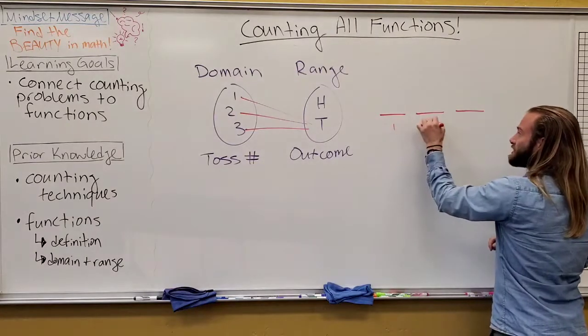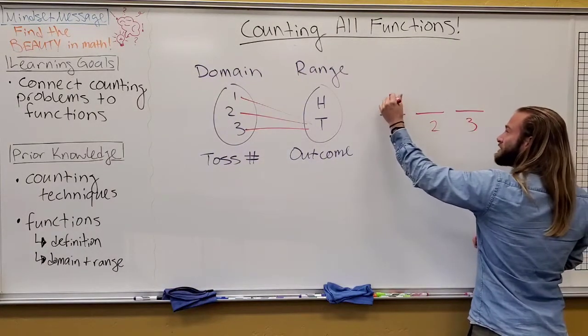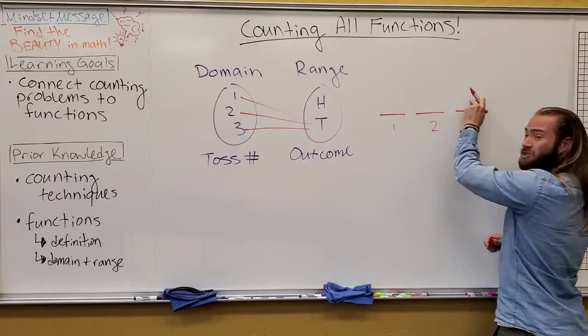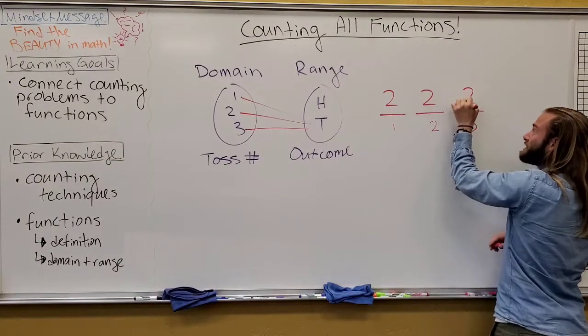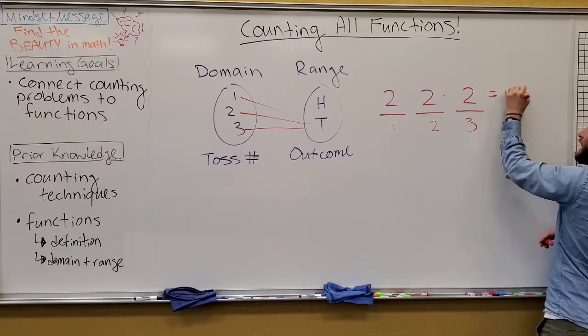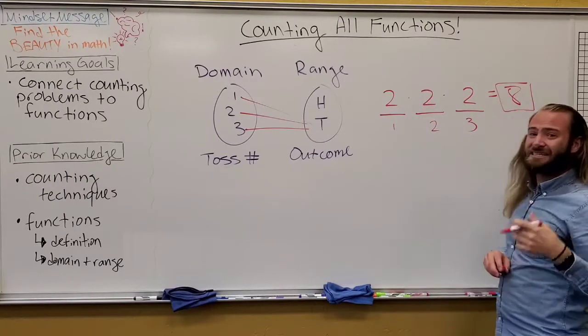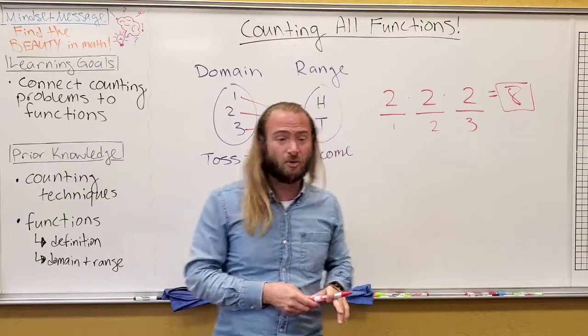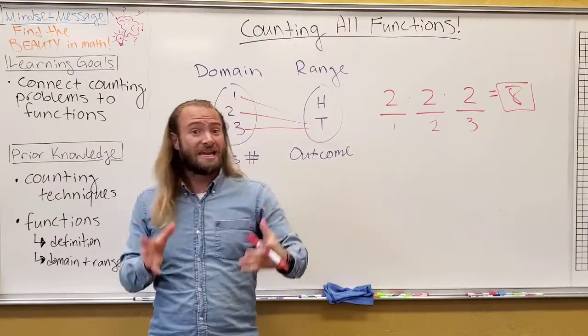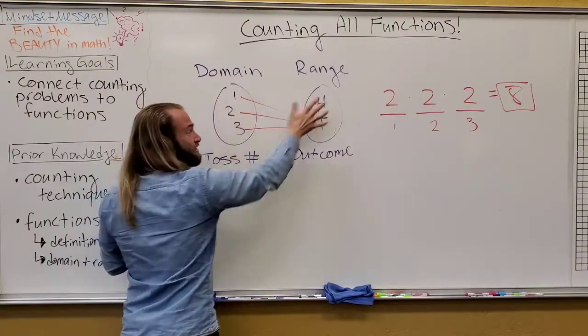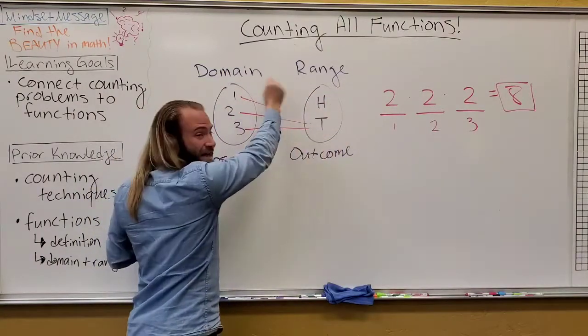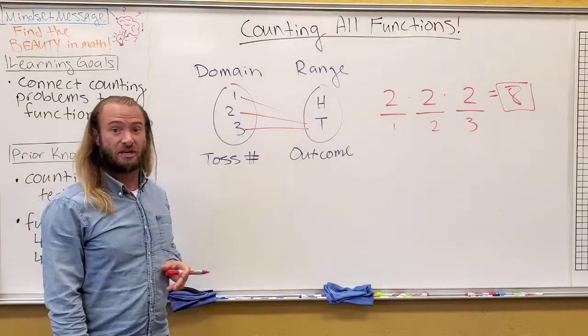So if I think of this as like toss 1, 2, and 3, and this could be a heads or a tails, but so could this or this. So each one of these has 2 possibilities it could form, and so we have a total of 8 different outcomes possible. What this means is there are 8 different functions we could form from the elements here and the elements there by matching them up based on what a function is.